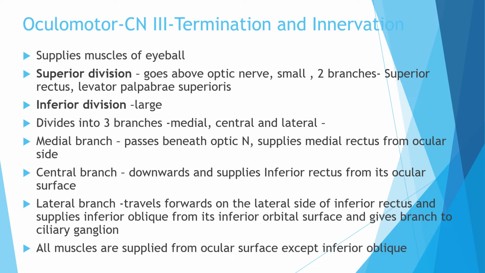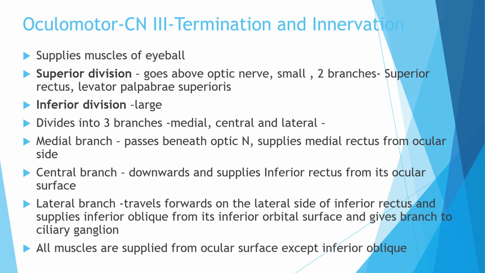When it comes into the eyeball, it divides and supplies different muscles. The superior or upper division goes above the optic nerve and divides into two branches, one for superior rectus and the other for the levator palpebrae superioris.